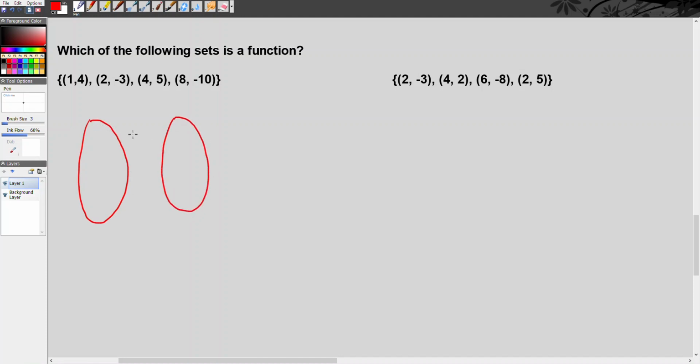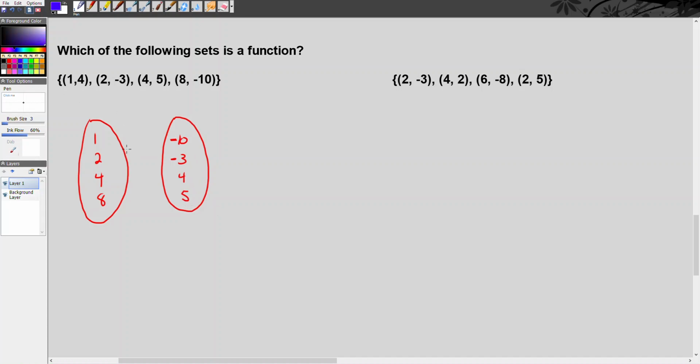We put all our x values in here. So we have 1, 2, 4, 8. And our outputs, our y's, can go here. If I do this in order, I have -10, -3, 4, 5. And so then we draw our arrows.